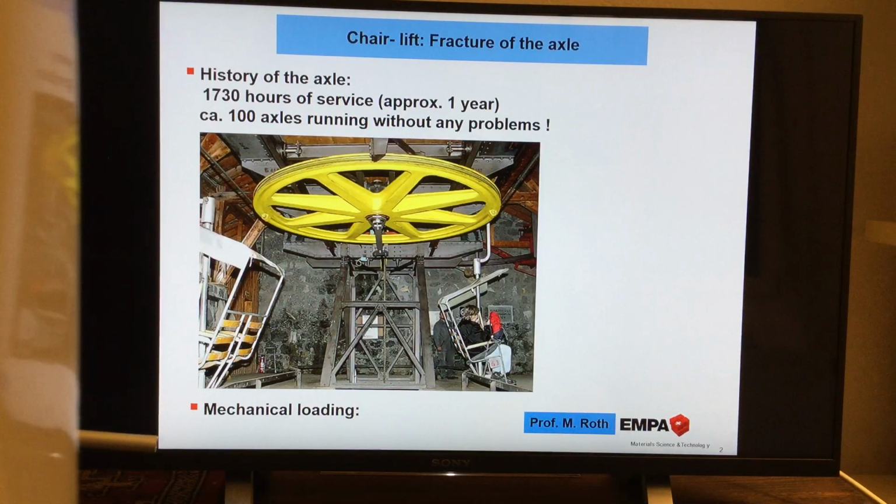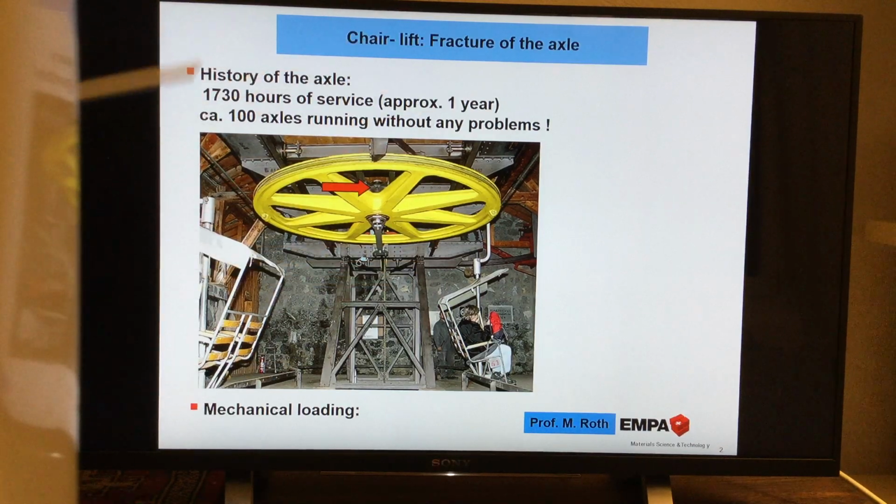Now when we look at this design, we see here this axle where we are talking about, and the axle, of course, transfers the energy, the power from the machine to this wheel, and on this wheel you see here the ropes, and there are attached the chairs.